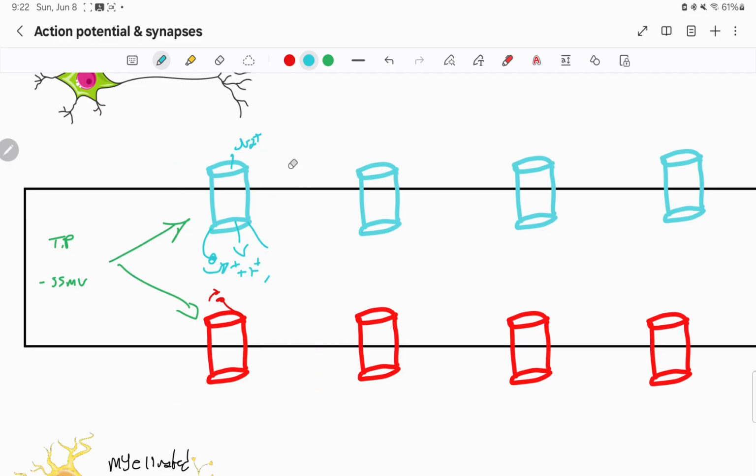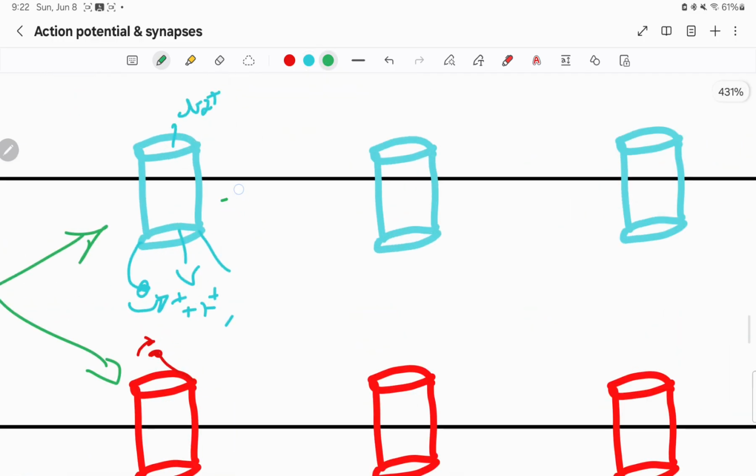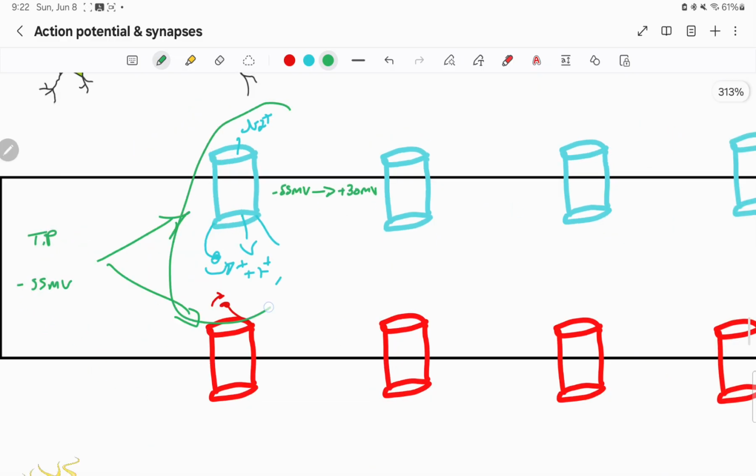Only this area of the cell would go from negative 55 millivolts all the way to positive 30 millivolts, as this channel continues to bring sodium in.